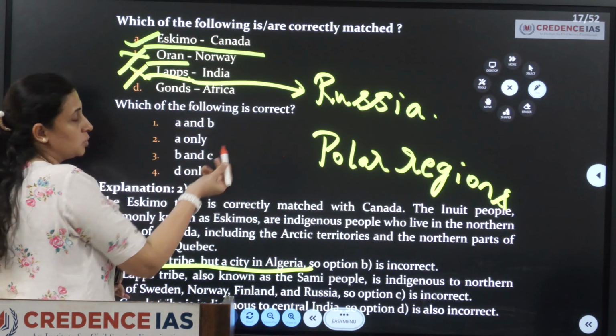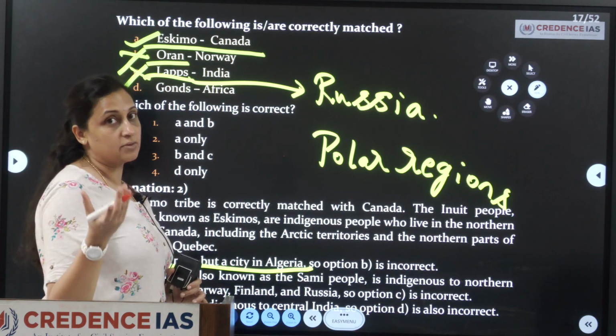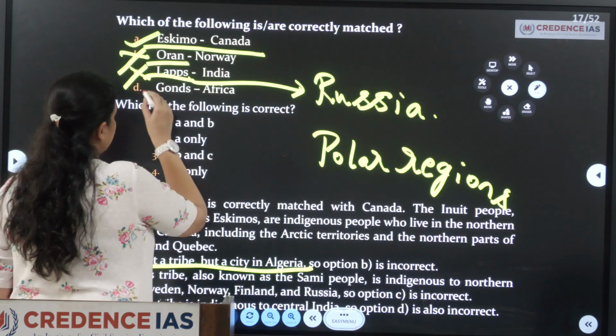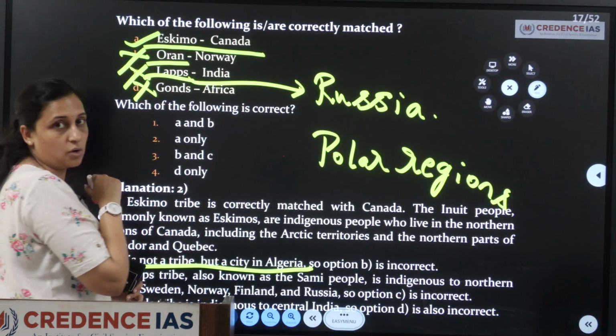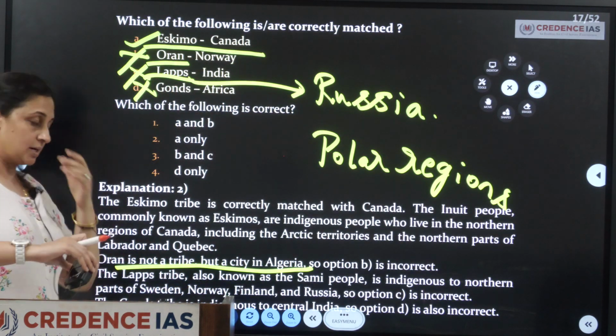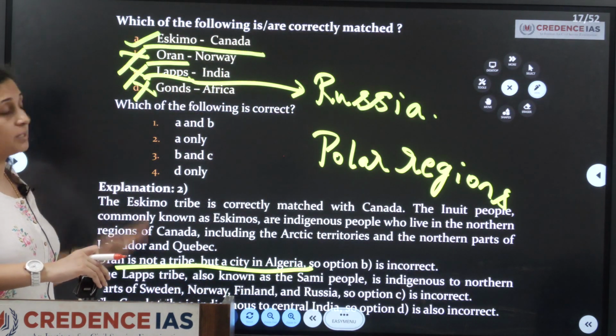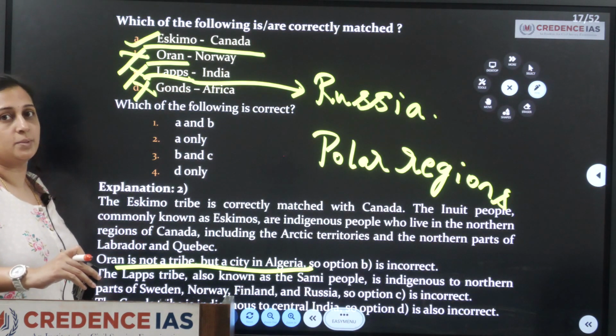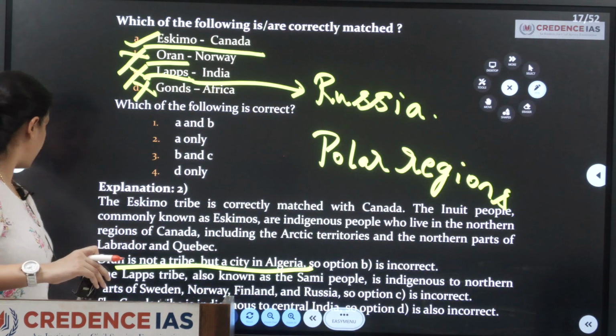Goans live in central India, that is Madhya Pradesh, Chhattisgarh and Jharkhand, not Africa, so this is wrong. The only correct one is Eskimo, in Canada. Again, you cannot eliminate the options; you should know which tribe lives in which country.